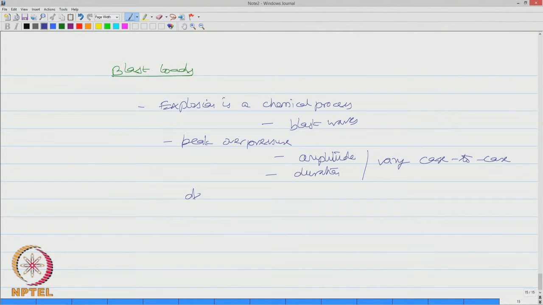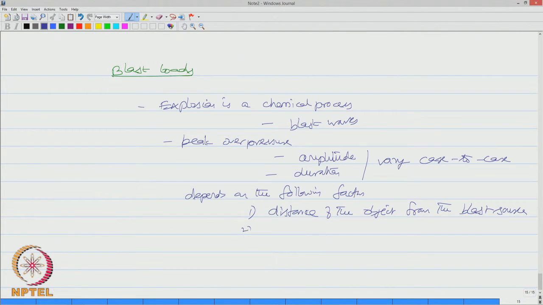It all depends on the following factors: distance of the object from the blast source, inventory of explosive or flammable chemicals.